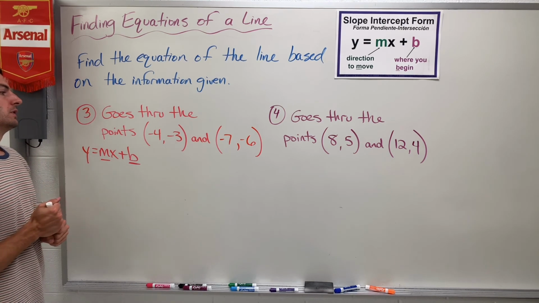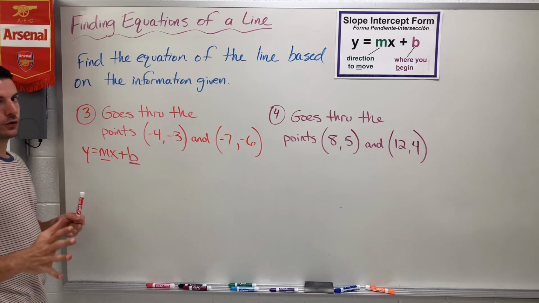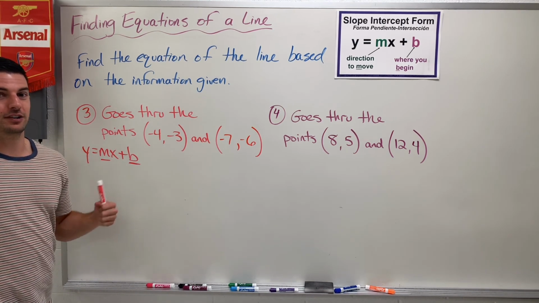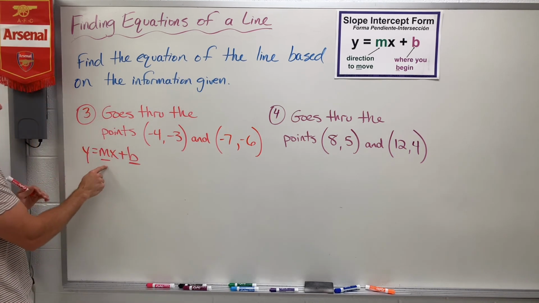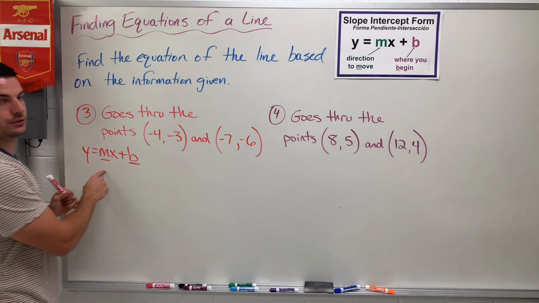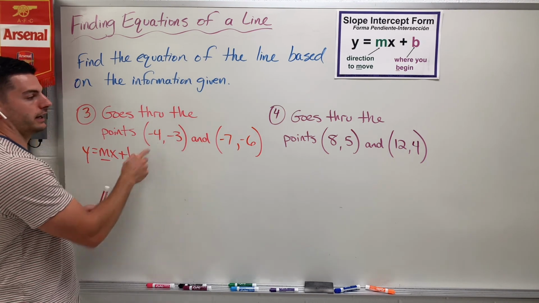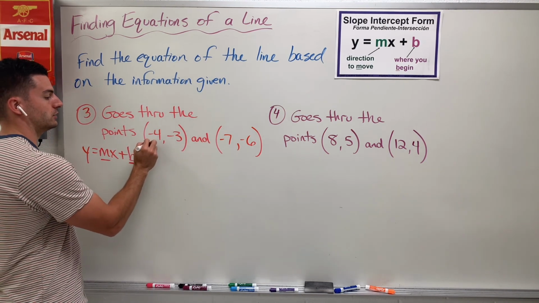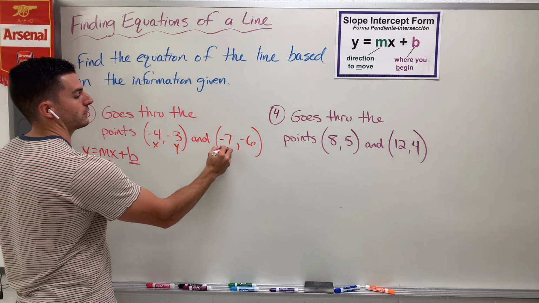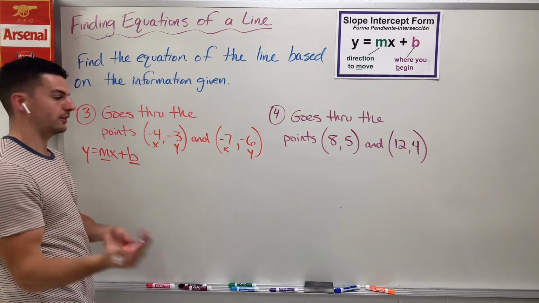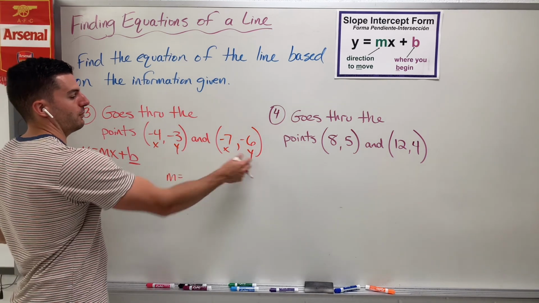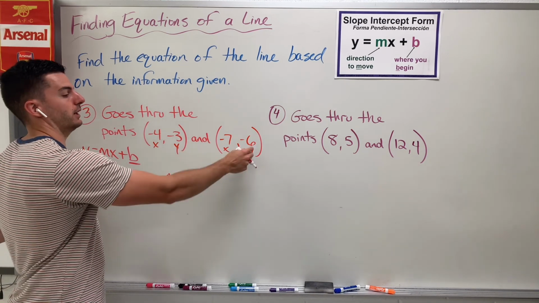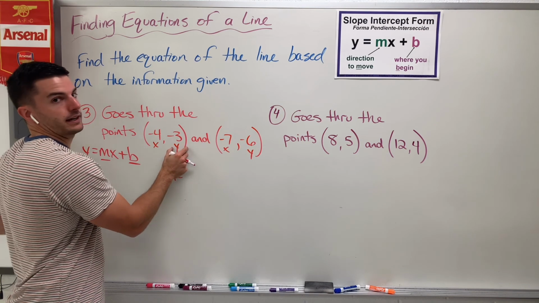So what do we do? Well, my slope formula is a good place to start when you're given nothing. Even though it's a little bit of work, your slope formula will still tell you this helpful m value. So I take my 2 values, x and y, and I substitute them into the slope formula. So the second y value minus the first y value up top. So negative 6 minus negative 3.